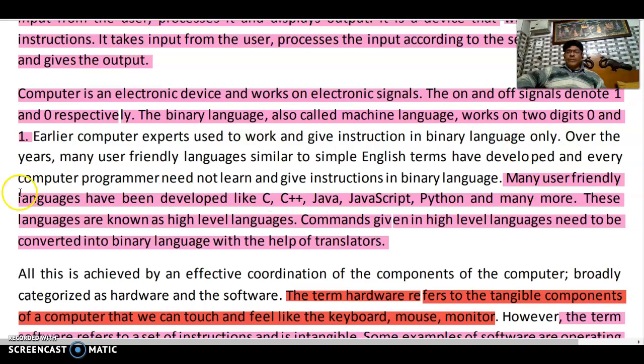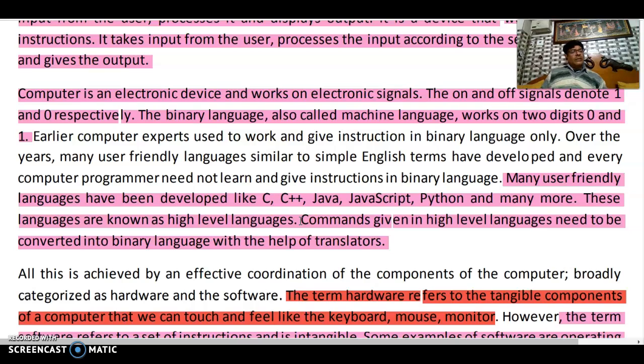Many user friendly languages have been developed like C, C++, Java, JavaScript, Python, and many more. These languages are known as high level languages. I already told you, high level languages are those which are called English-like language. It's not English, but the commands are in terms of alphabets. Like in Python, to give the print command, print is used, and to take input, the input command is used.